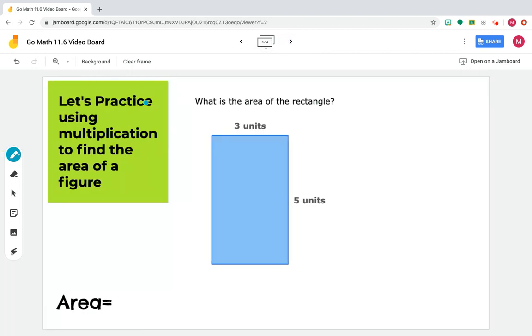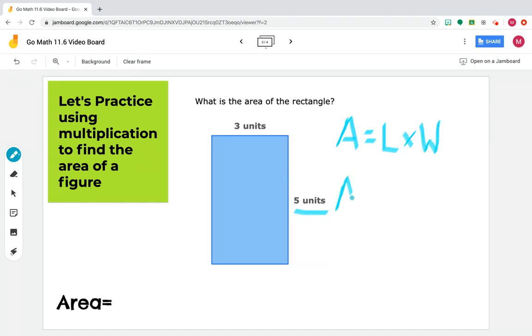Let's practice using multiplication to find the area of a figure. And in this case, we have a rectangle. So my length is 5 units. And I know that area equals length times width.